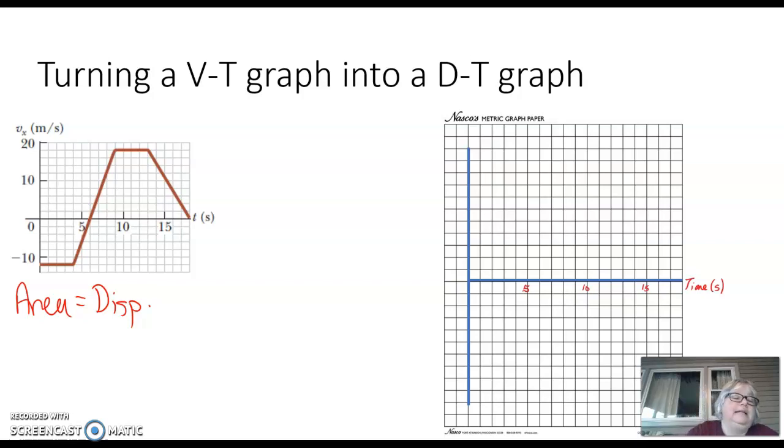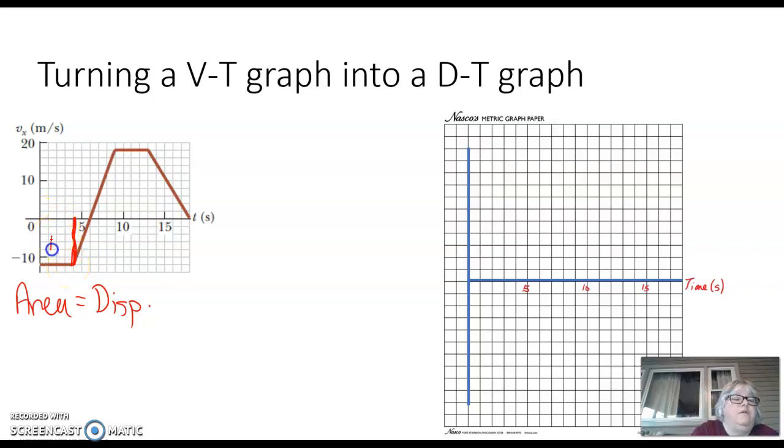So let's take a look at our first segment again. We said we're going to be looking for the area under the graph. Now, under is a relative term. It's basically between the bounding line and the horizontal axis. So for me here, that is a rectangle.